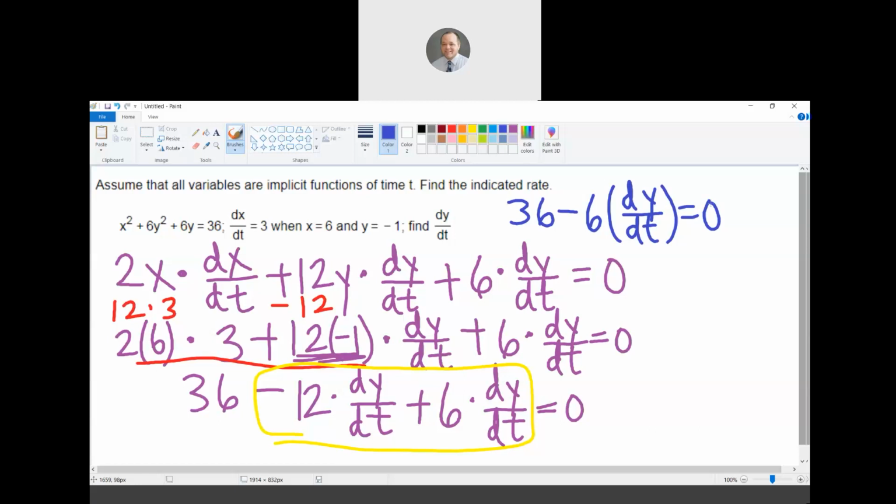Now, at this point, you can either move the 36 to the right side or the dy dt part to the right side. I move the dy dt part to the right-hand side, and that gives us the equation 36 equal to 6 times dy over dt.